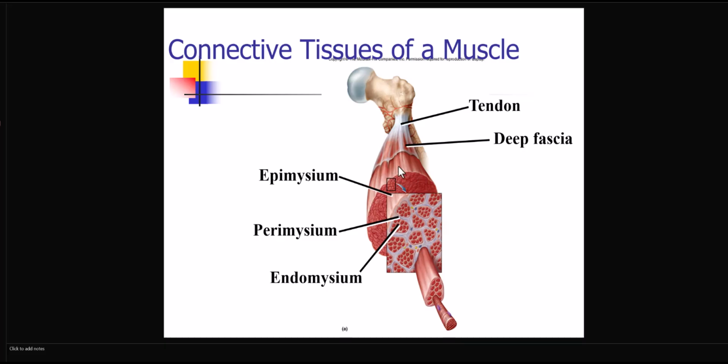This whole thing, muscle, is going to be surrounded by, we're zooming into this little box right here. And so this little outer layer around the entire muscle is the epimysium. Inside the muscle, I see bundles. I see fascicles. Each fascicle is surrounded by this lighter, sort of periwinkle looking colored tissue. That is the perimysium.